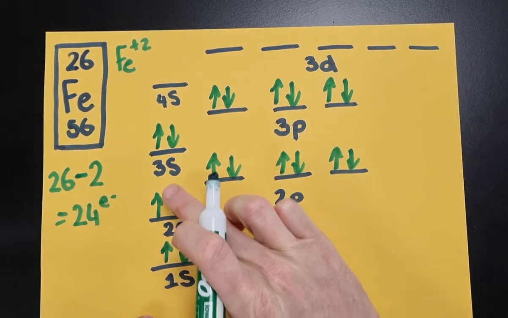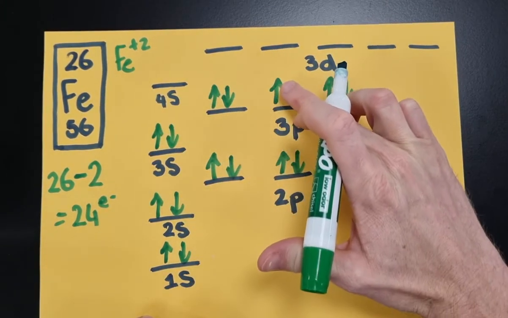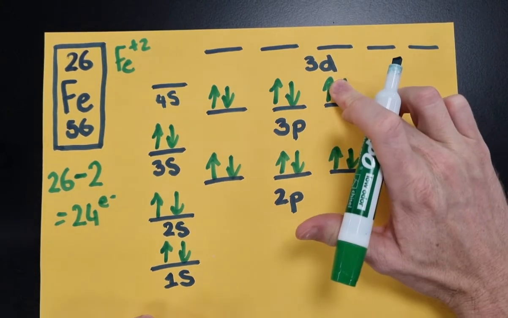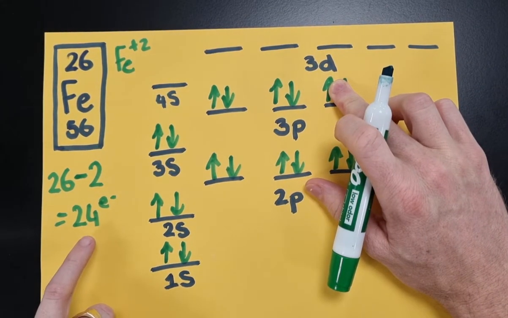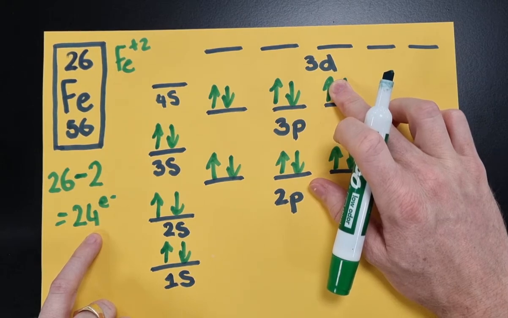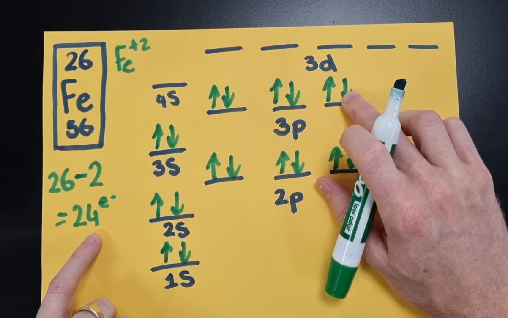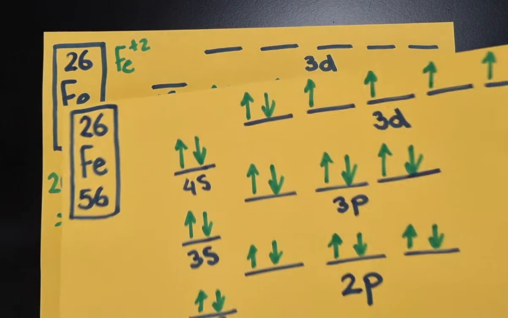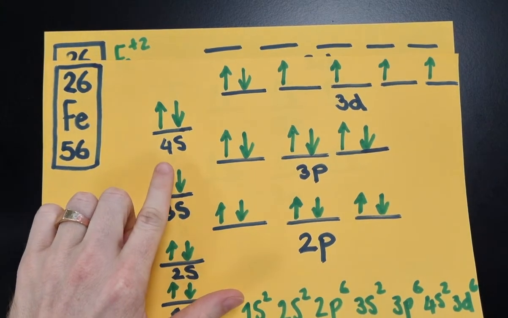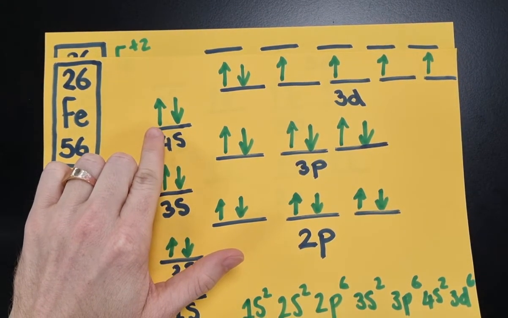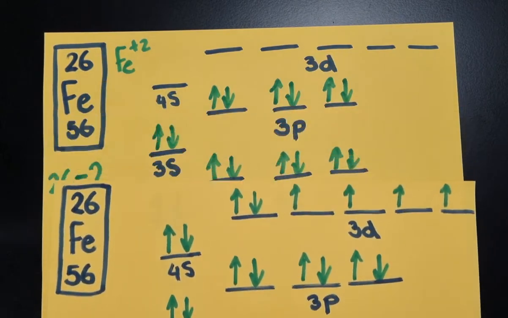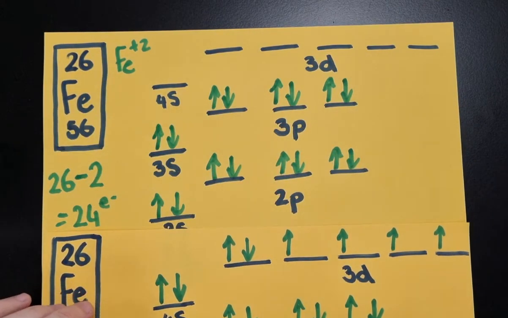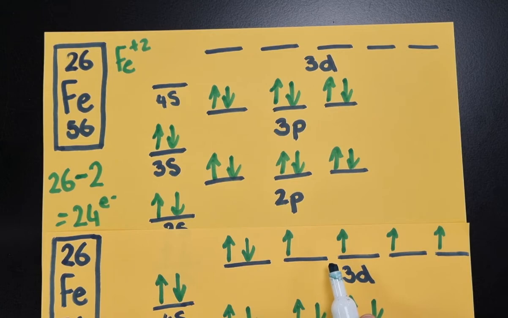We've got 2, 4, 6, 8, 10, 12, 14, 16, 18, and now have, from 24, 6 spots remaining. Now, if we would do it for a normal iron atom, we'd have to progress up to 4s. But in the case of an ion for iron, tongue twister, lovely, we actually have to take away from somewhere.